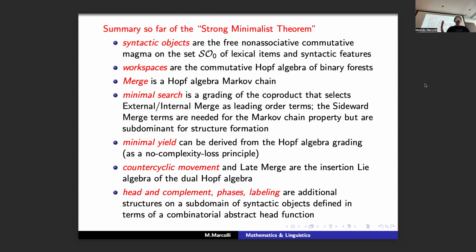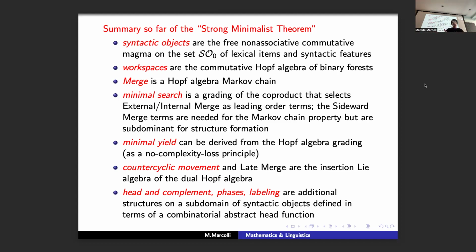And then after you have this structure generating process, you have to start to introduce various kinds of filters for which structures generated by this free mechanism are viable or not. There are some criteria of viability that are largely language independent.